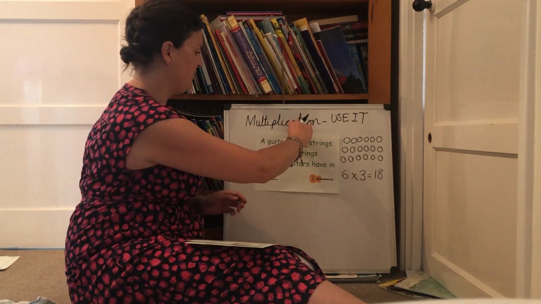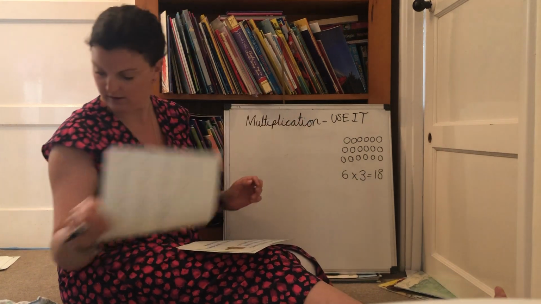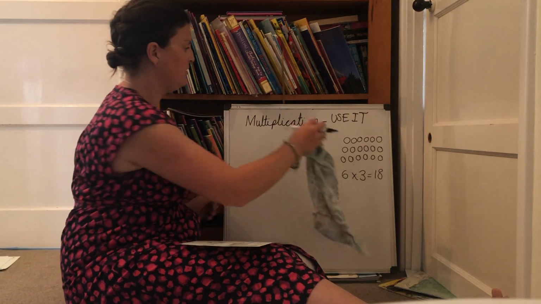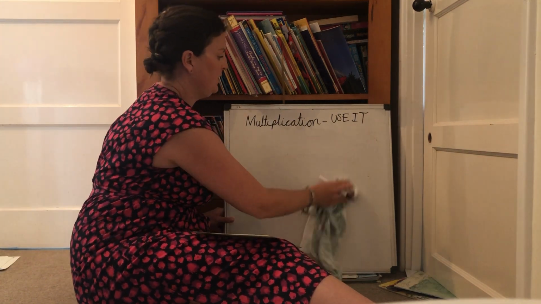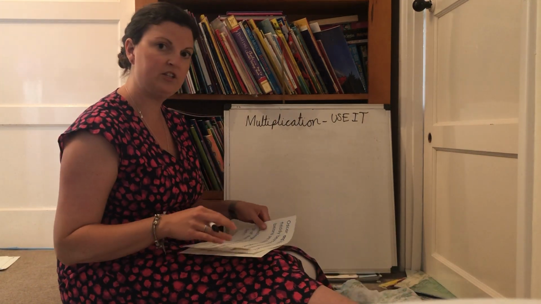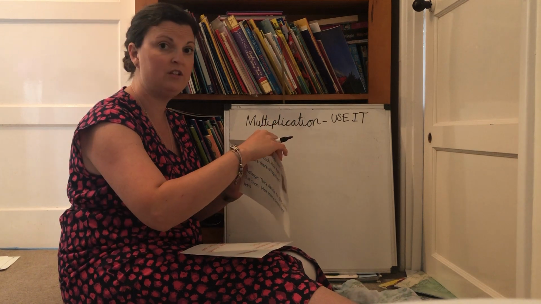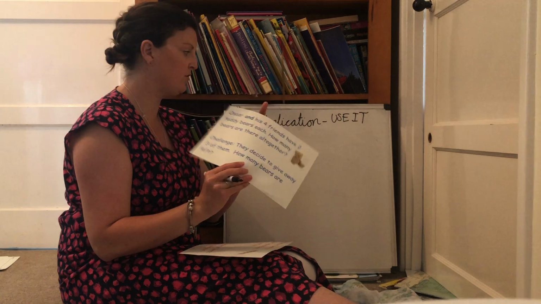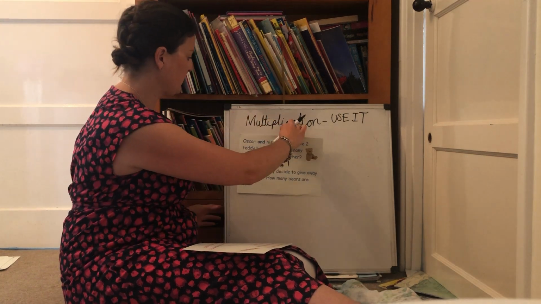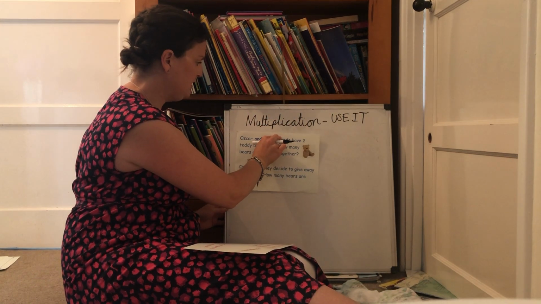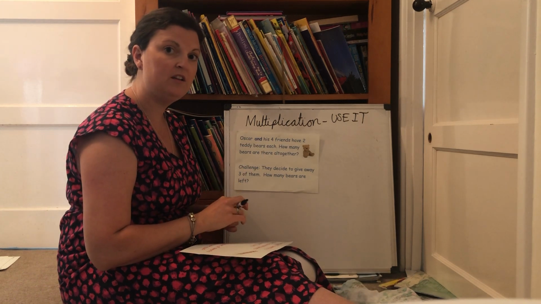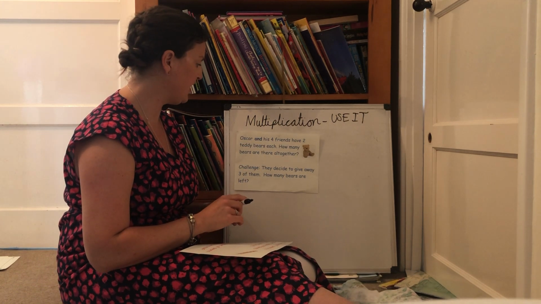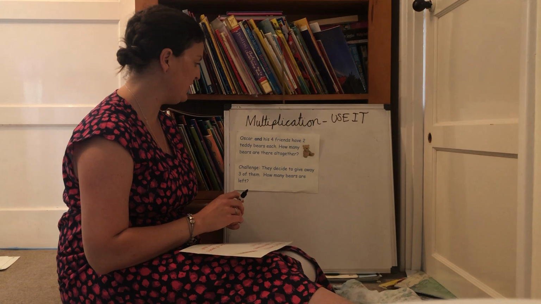Right, let's have a look at another one. So here's another question, and I'll read it aloud just like I did before. Okay, it's got a little picture of a teddy bear on this one. And it says, Oscar and his 4 friends have 2 teddy bears each.